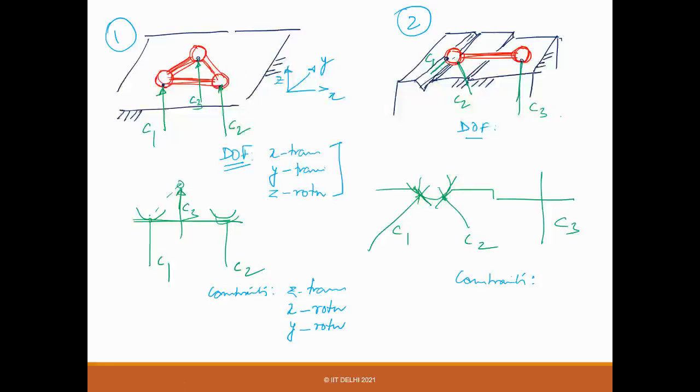So it means X translation is not there in this case. Suppose Y is along the V, right? So in the first case, X translation is there, but in this case, X translation is not there.